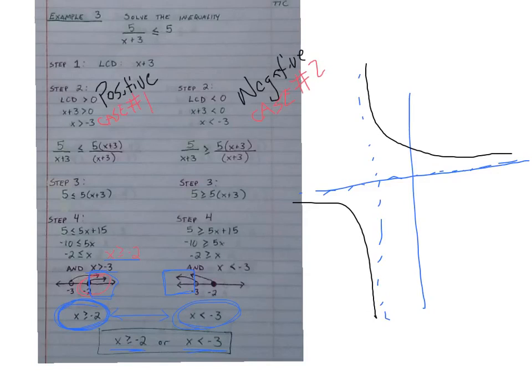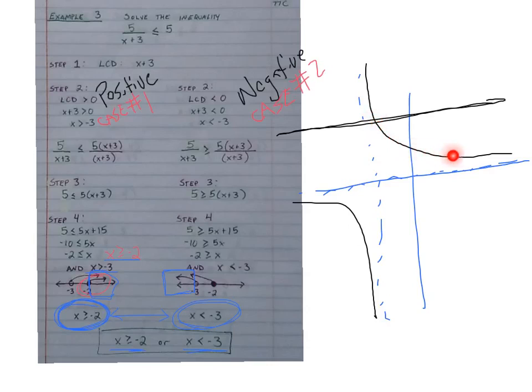And then we're trying to find when is it less than 5. So 5 might occur something like this. So the spots where it's below the line of 5 is right here, and all of this.